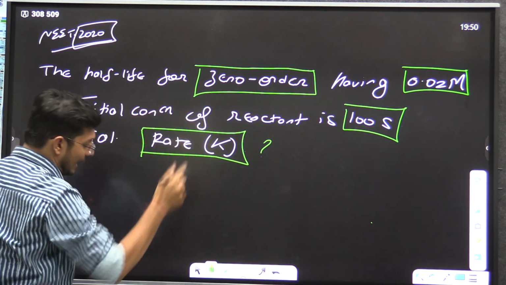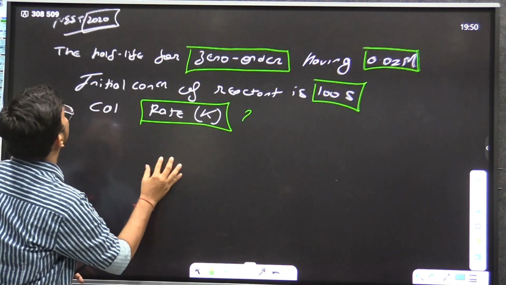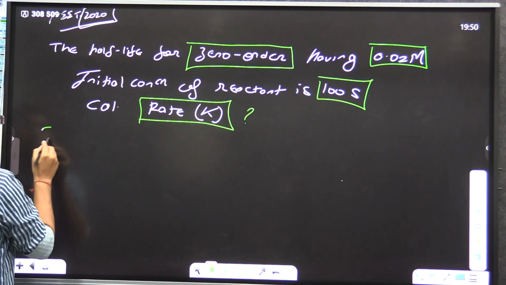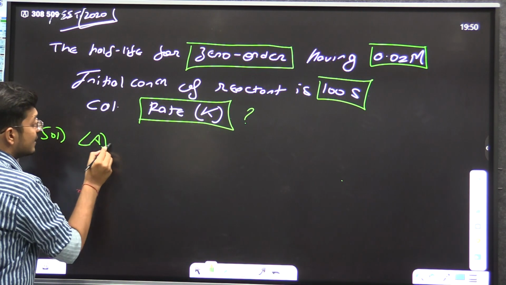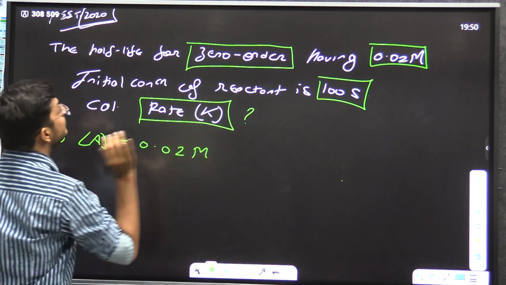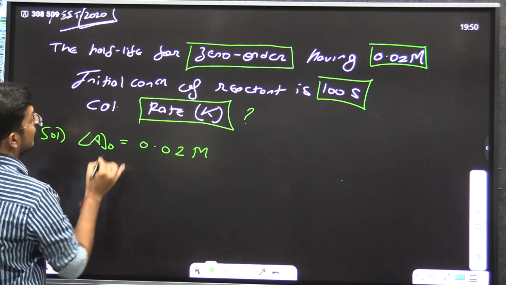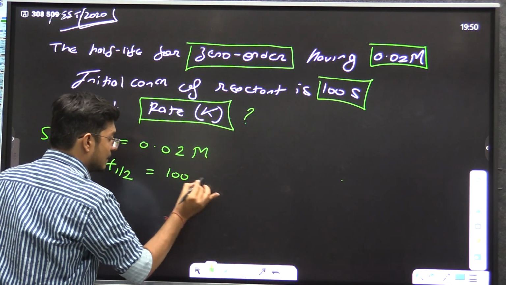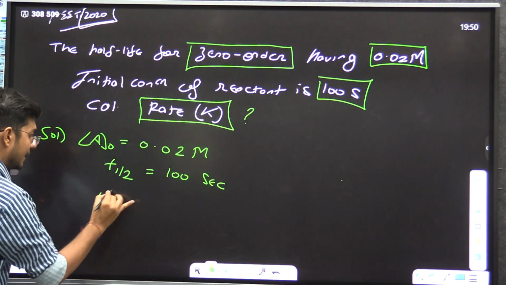First of all, write down the data that the question gave. We have the initial concentration, that is 0.02 molarity. We have the T half, that is 100 second, and we need to calculate the K.